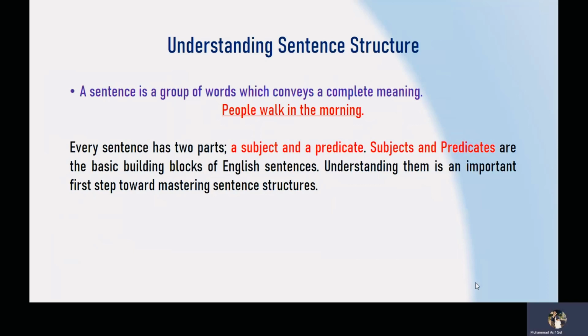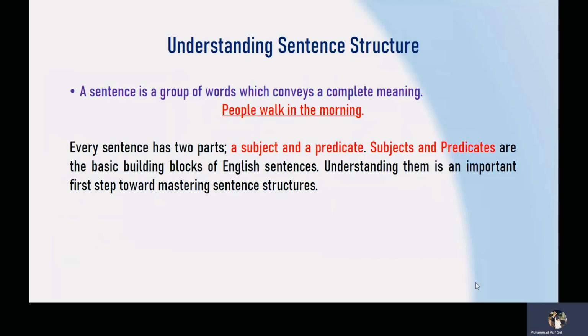We get a very clear idea by reading this sentence. We clearly understand what somebody is saying. He, a she, a they are saying that people walk in the morning. So we have got a very clear message. So this group of words, people walk in the morning, is a sentence.